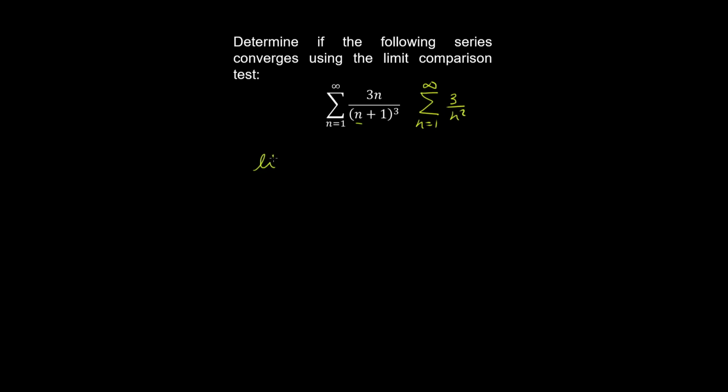And now we take the limit as n approaches infinity of the ratio of both terms in both series. And now we can see the 3's cancel and the n squared goes in the numerator, so we get the following expression.